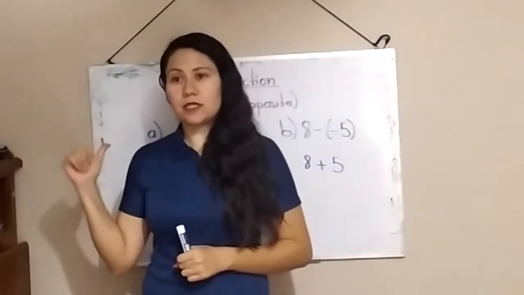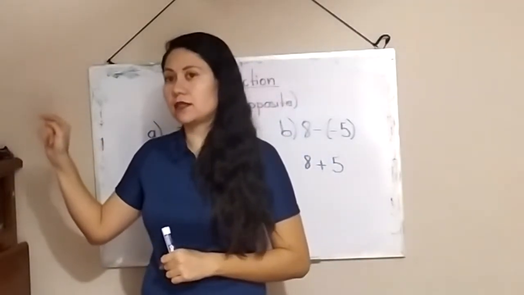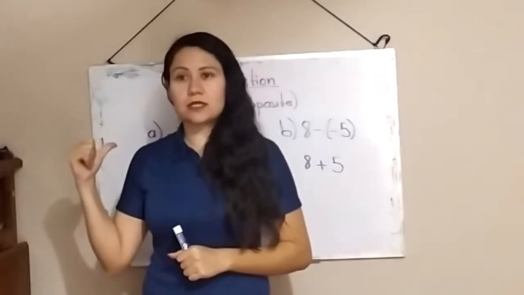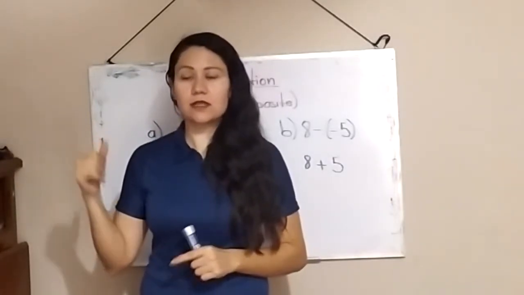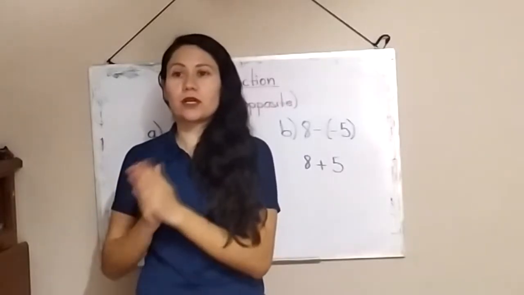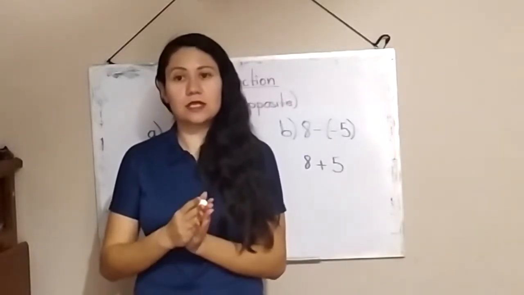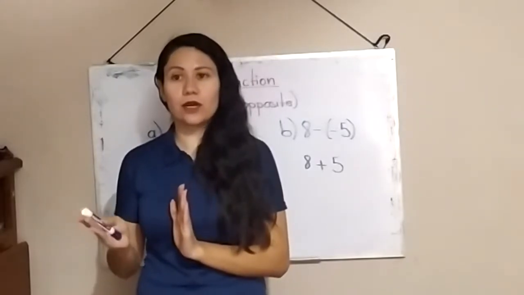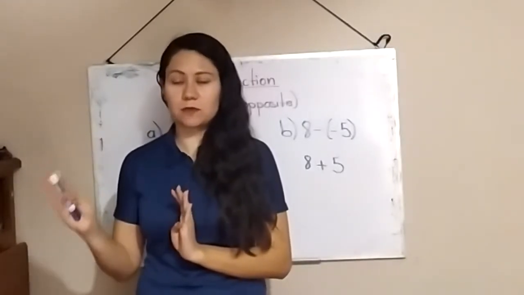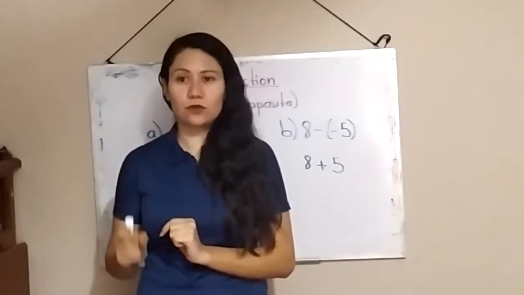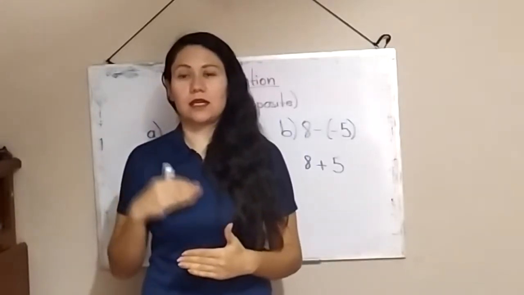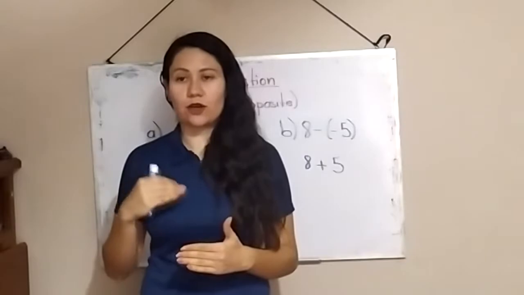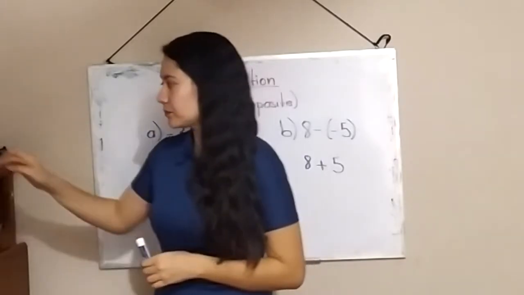After this, you have the skill check number 1, which is the same type of exercise. All you have to do is transform the subtractions into addition. You don't have to find the result. The instruction is specific, you just have to transform it into an addition of the opposite number. Okay?